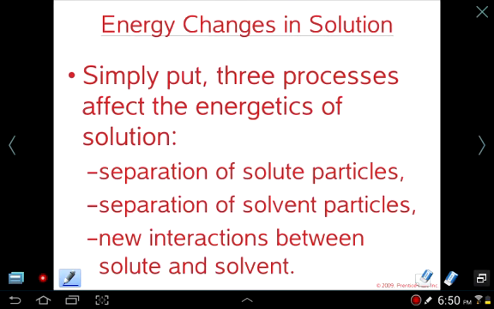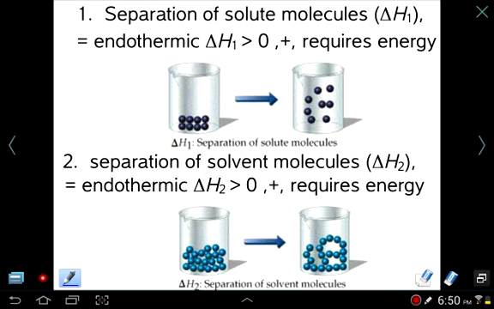Anytime a solution forms, we can break the whole process into individual steps. We first have to separate the solute particles, the salt. We have to separate the solvent particles, the water, and then we have to form new interactions between the two. Anytime we do this, we can study the energetics of what is happening. Anytime you're breaking apart particles, in the case of breaking apart the solute and the solvent, this always requires energy. So delta H is greater than 0, or positive, because we're breaking bonds.